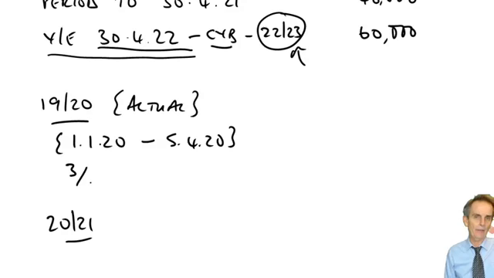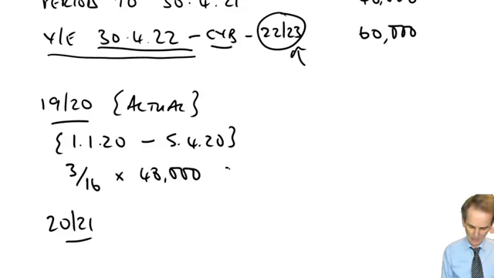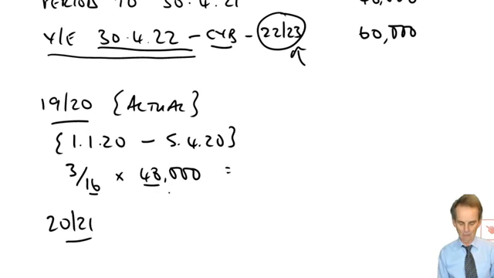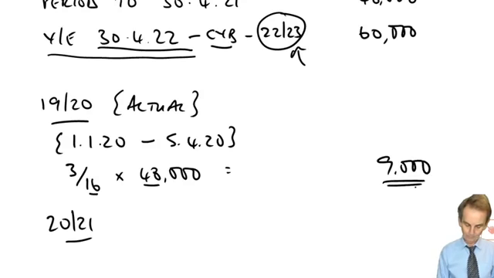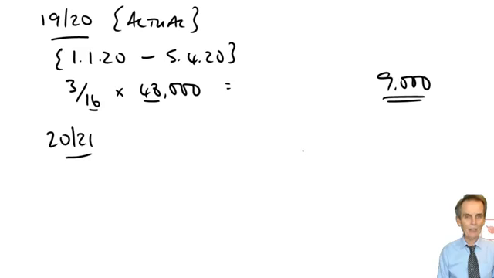But this time, that 3 months is drawn not from an opening period as in our first example, it was 9 months, nor the second example, the previous one we did here, 15 months, but now it's a 16-month period in which we made a profit of £48,000. Now, 16 months, 48,000, that's £3,000 a month. So 3 lots of that, 3/16 of that is going to be £9,000.